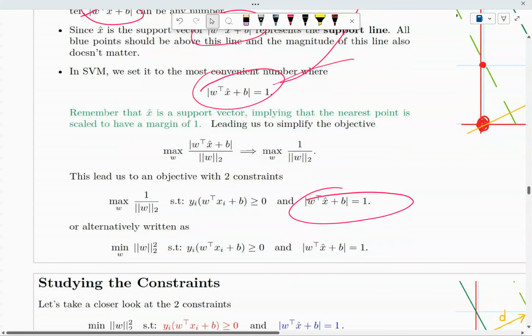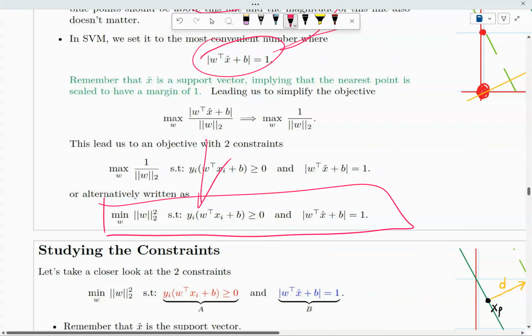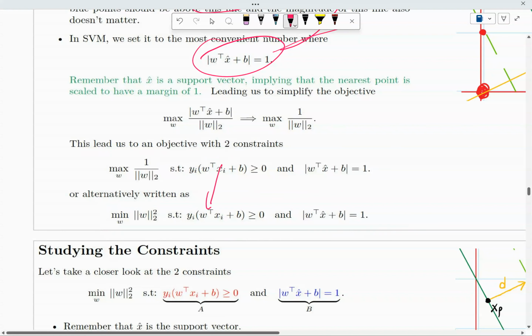So alternatively, we can rewrite this. Maximization is equivalent to minimization, and it's equivalent to minimize the square. So adding a square here doesn't really change anything. So this right here is a constrained optimization problem. We want to maximize the margin such that it gives us the correct assessment, that this turns out to be positive, and the magnitude is equal to 1.